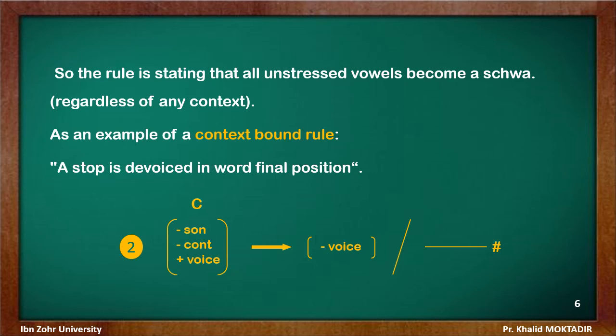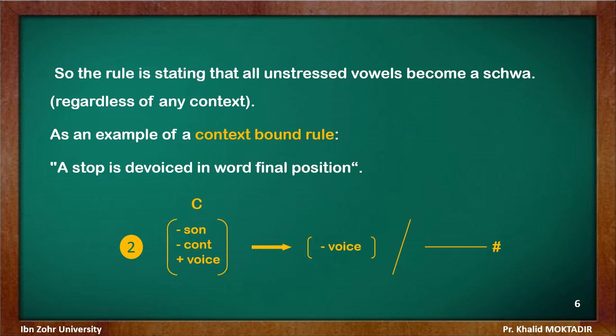That's how we're going to represent the rule. The stop is represented by the feature matrix, minus sonorant, minus continuant, plus voice. On the right side of the arrow, as we said, we mention only the feature that has changed. It becomes voiceless. And then the slash that separates the change from the context.